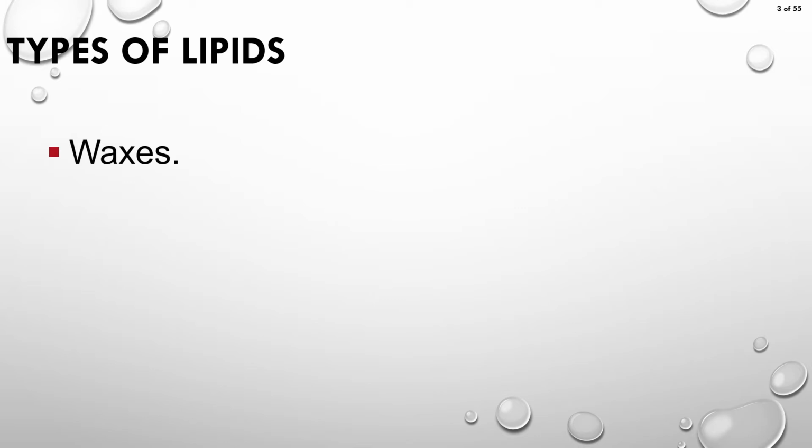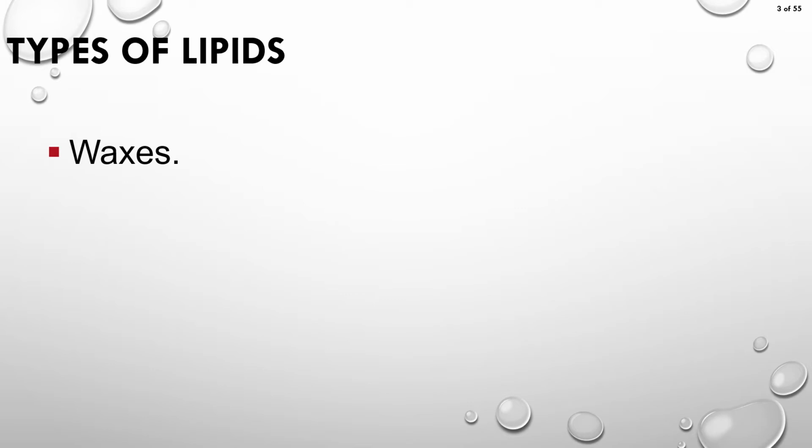The alcohol may contain from 12 to 32 carbon atoms. Waxes are found in nature as coatings on leaves and stems. This wax prevents the plants from losing excessive amounts of water. The leaves and fruits of many plants have many wax coatings, which may protect them from dehydration and small predators.